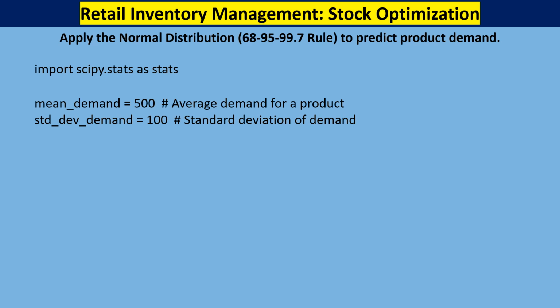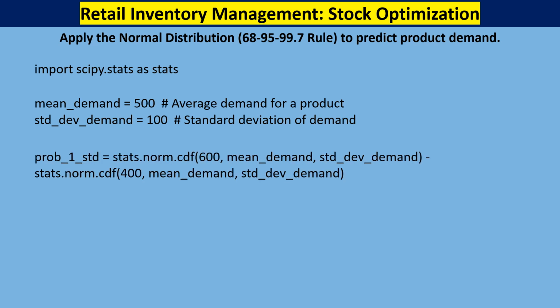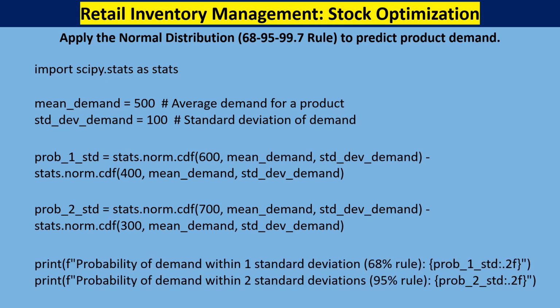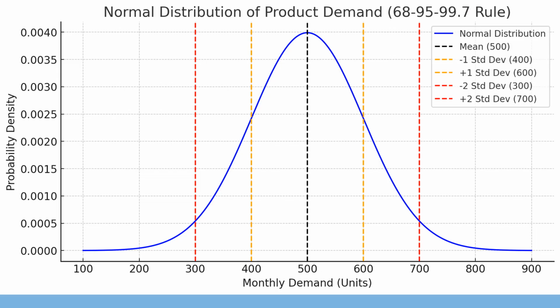Calculate the probability of demand within one standard deviation, the 68% rule. Then calculate the probability of demand within two standard deviations, the 95% rule. And then we print the probabilities for the first and second standard deviations.